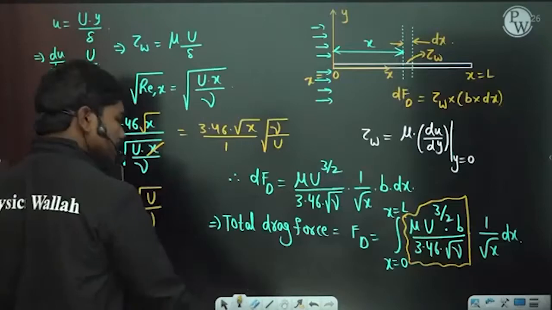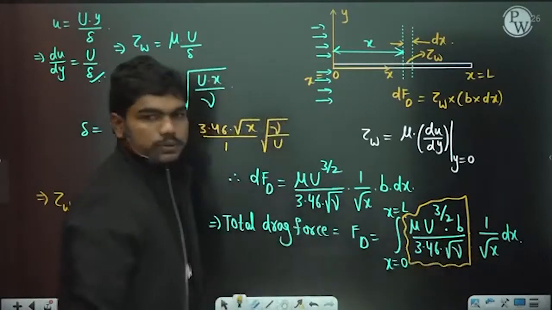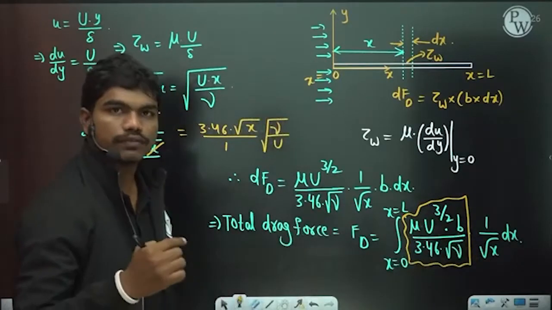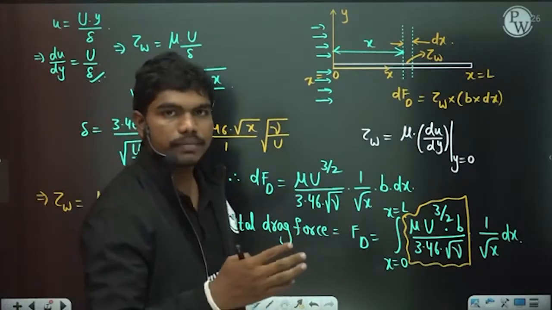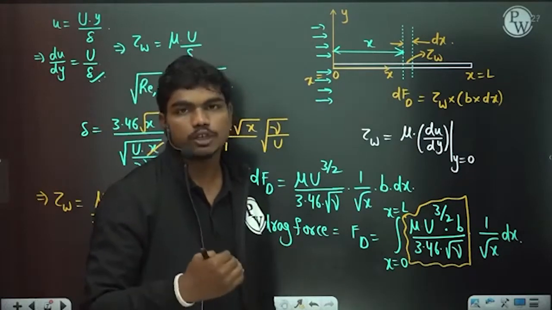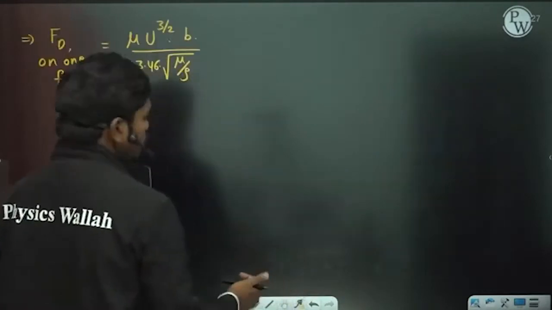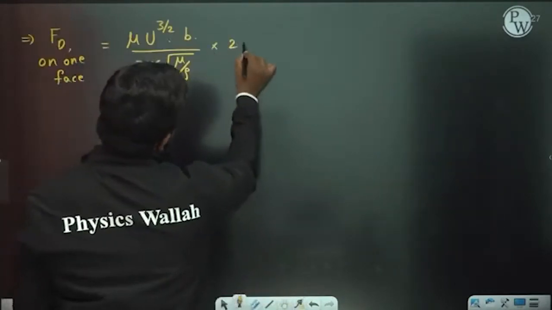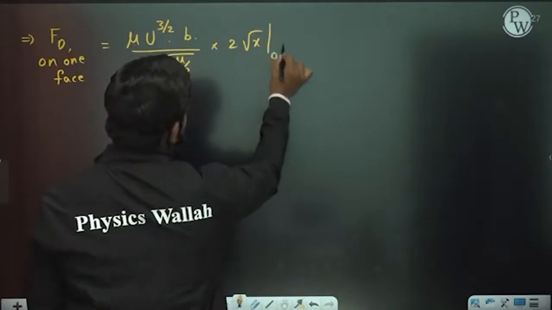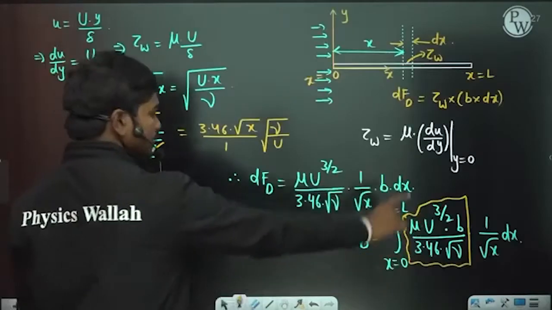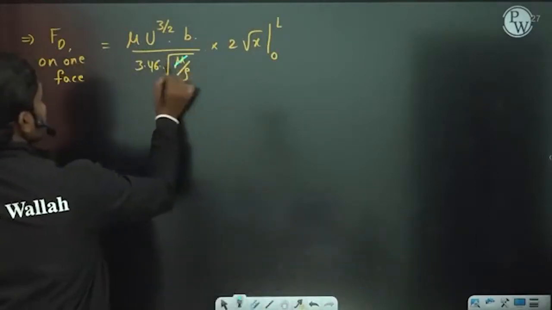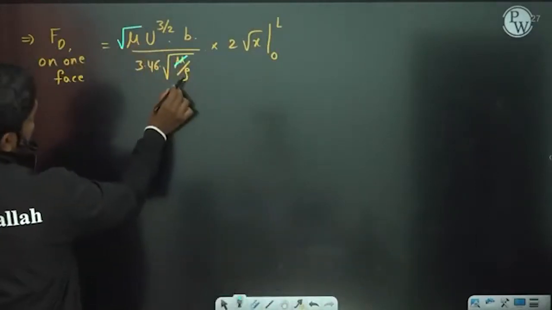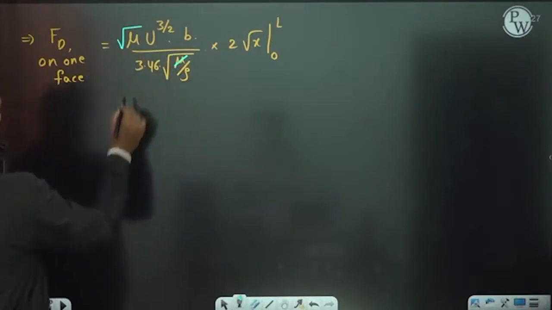So what is this integration? Integration of 1 by root x, which is x^(-1/2), is equal to x^(-1/2+1) divided by (-1/2+1). So total 2 times square root of x, correct? So 2 times square root of x within the limits 0 to L. This is the integration value. Now let us see some simplifications here. The dynamic viscosity will keep a square root here, and what is in the denominator goes to the top.